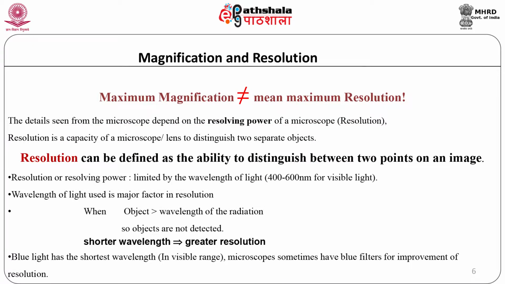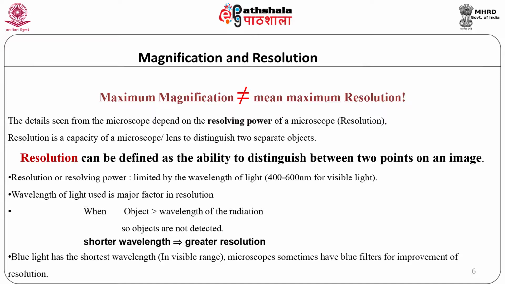We should also remember very well that maximum magnification does not mean maximum resolution. The details seen from the microscope depend on the resolving power of a microscope, which is its resolution. So, resolution is the capacity of a microscope or its lens to distinguish two separate objects or points.